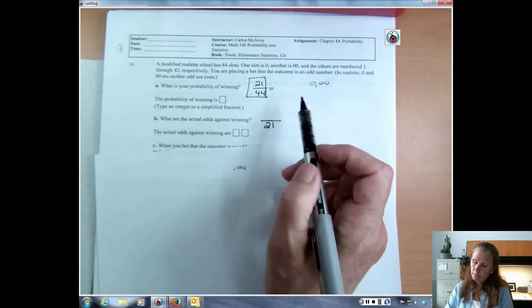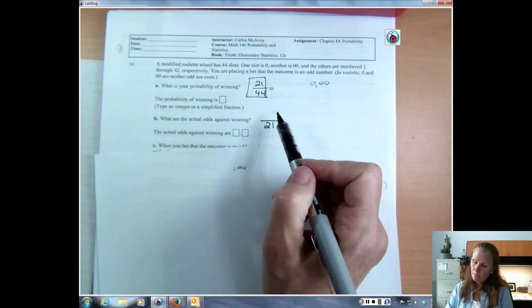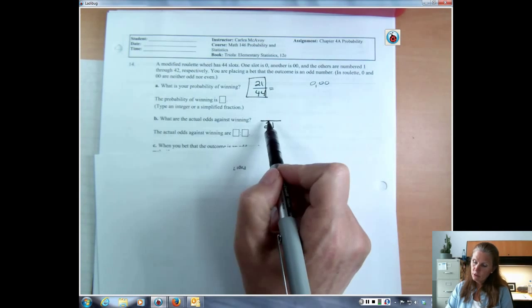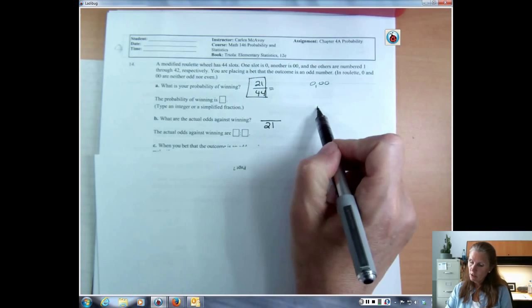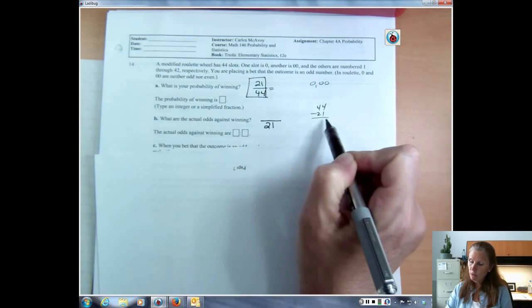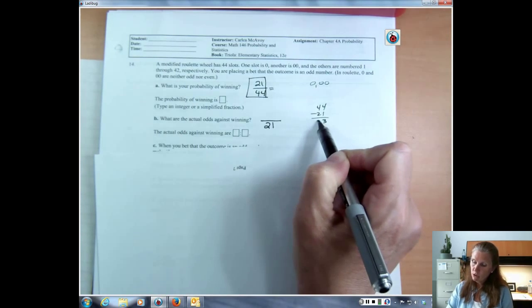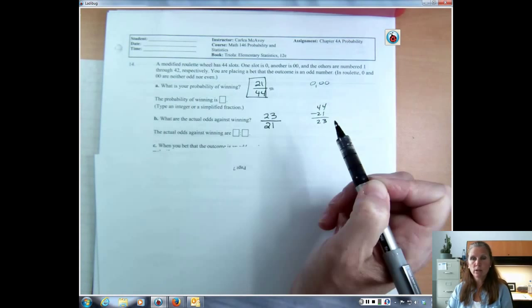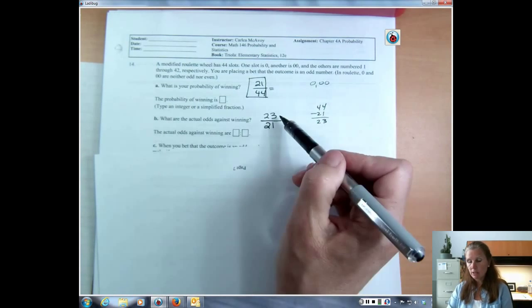So you're going to take your 44 minus the 21 times that you will win, and that tells you that there's 23 times when you won't win. So odds against, 23 against, 21 in favor.